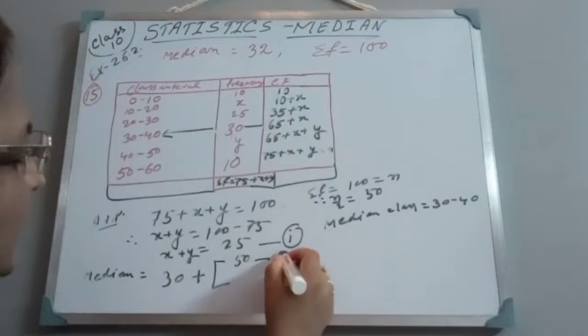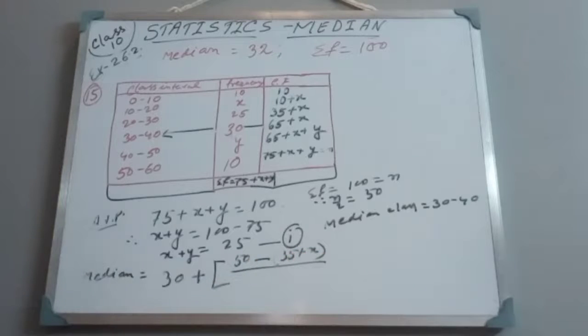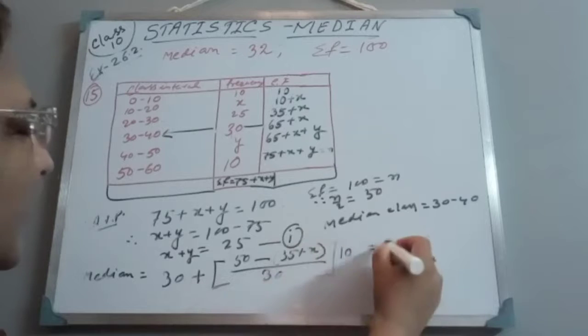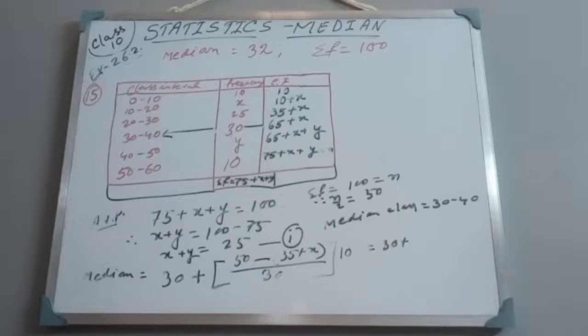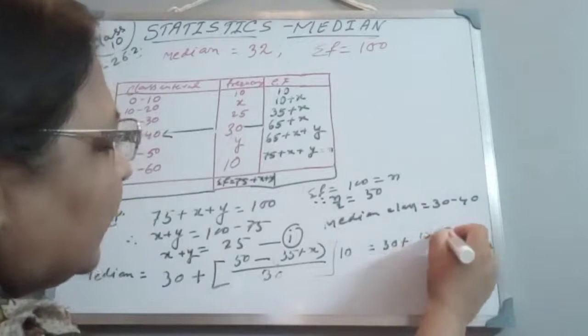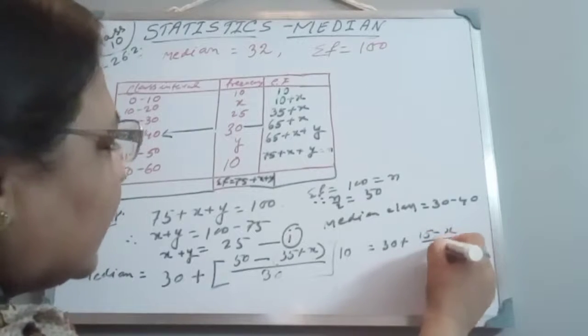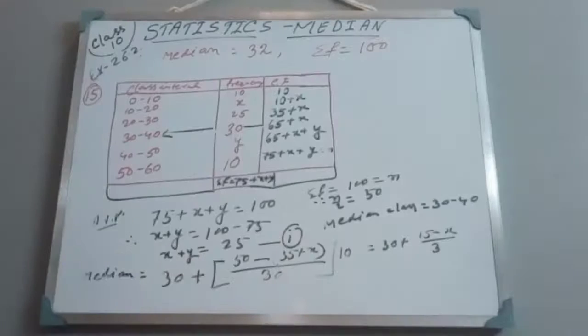So 50 minus 35 plus x, whole divided by f. f means frequency of the median class, that is 30, into h. h means class size, 30 to 40, is 10, into 10. So we write 30 plus 50 minus 35, it gives us 15, so 15 minus x by 30 into 10. 10 threes are 30, so it's better 15 minus x by 3.